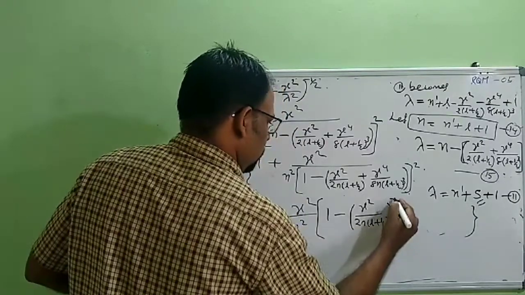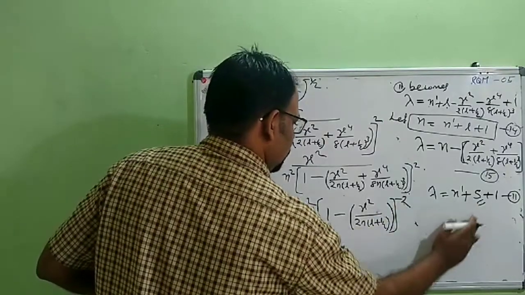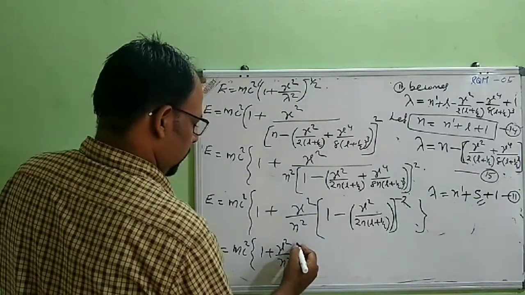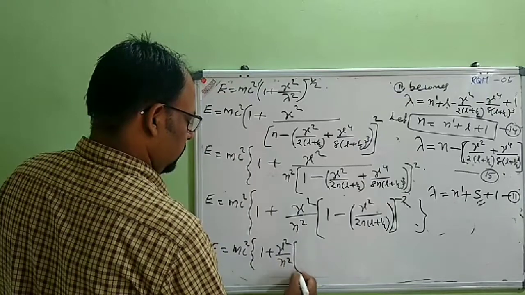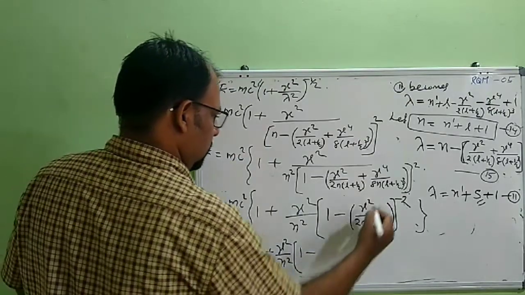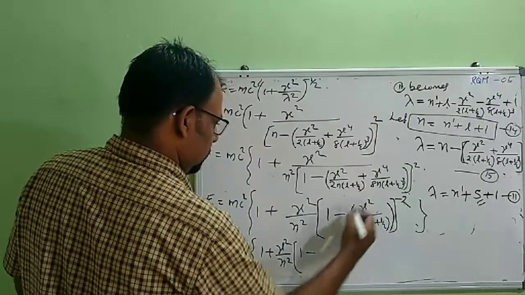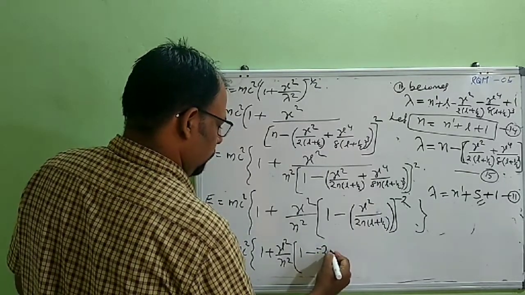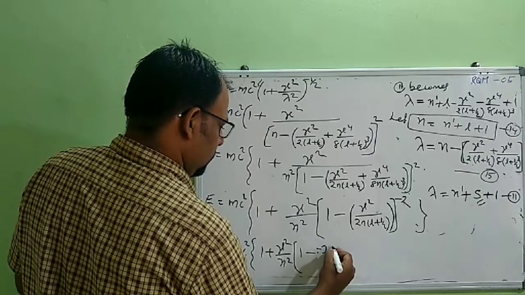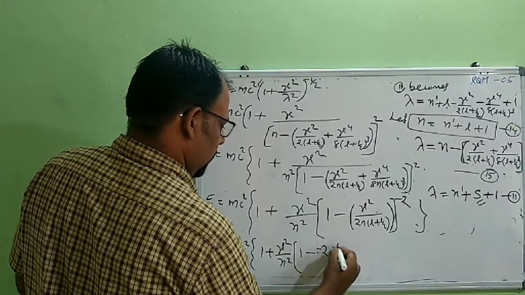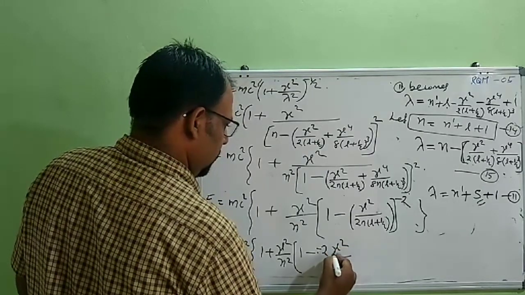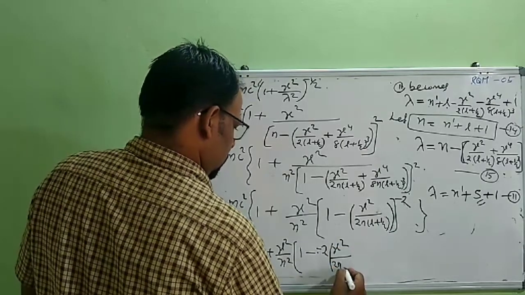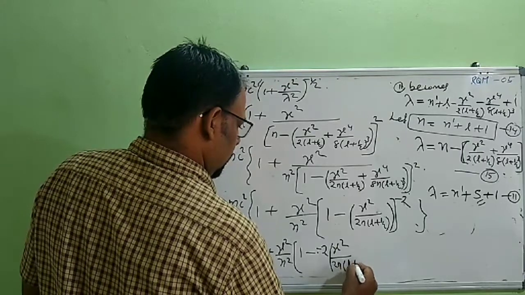the whole raised to minus 2. So gamma square by n square into, now expanding this term, 1 minus 2 into x, that is gamma square by 2n L plus half.